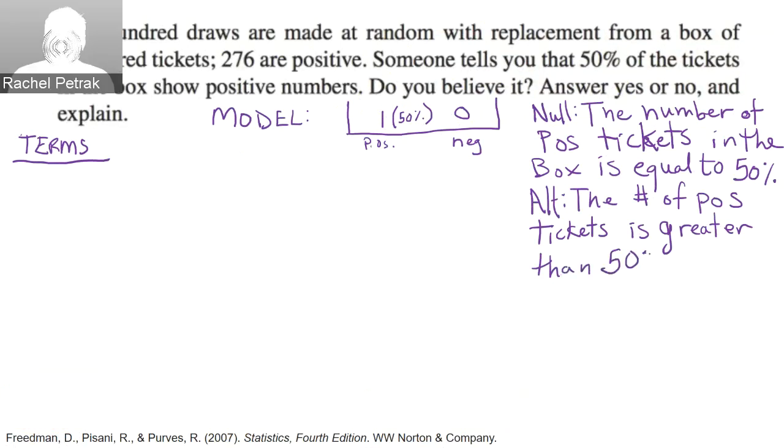I simplified the wording slightly just for space.